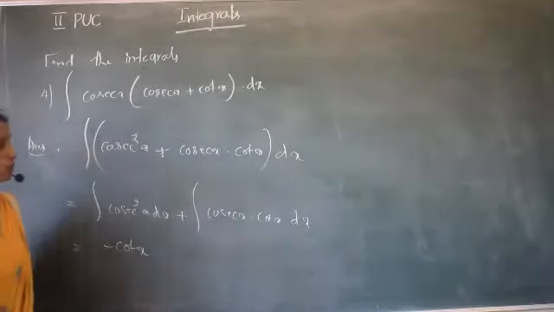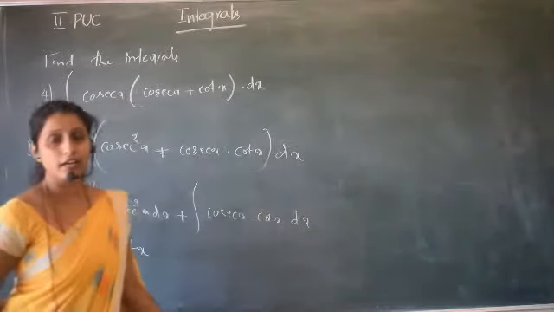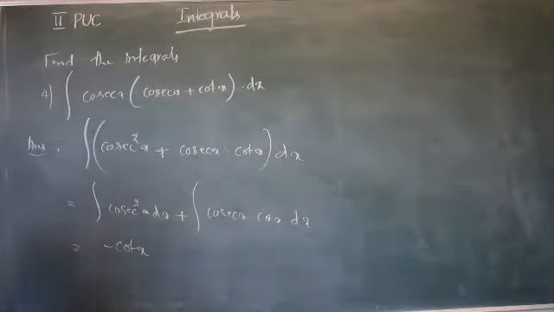Then cosec x into cot x. We know that the derivative of cosec x is minus cosec x into cot x, and the derivative of secant x is secant x into tan x.